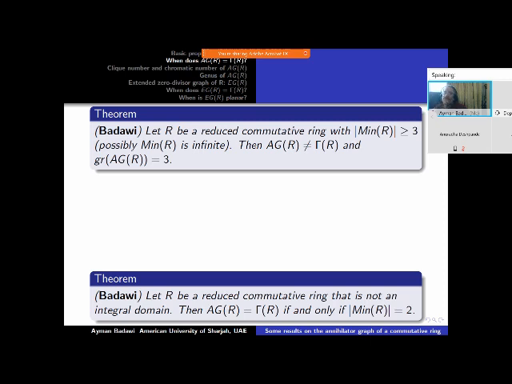Since in reality graphs are always finite, if you take Z5 cross Z7, definitely here we have the annihilatory graph equal to the zero divisor graph. Why? Because if I take Z5 cross Z7, then my ring is reduced, definitely, and the number of minimal prime ideals is 2.